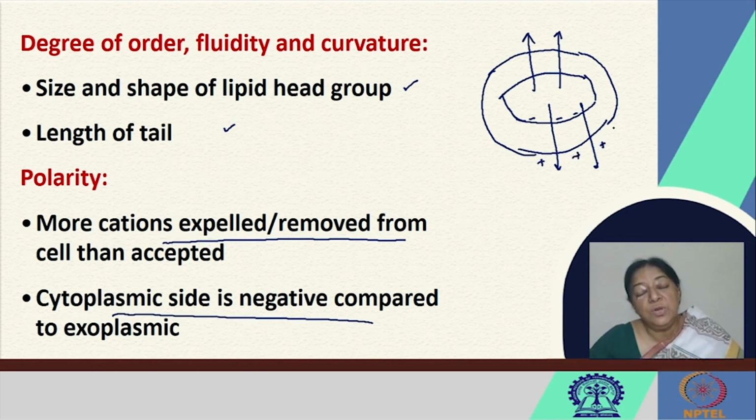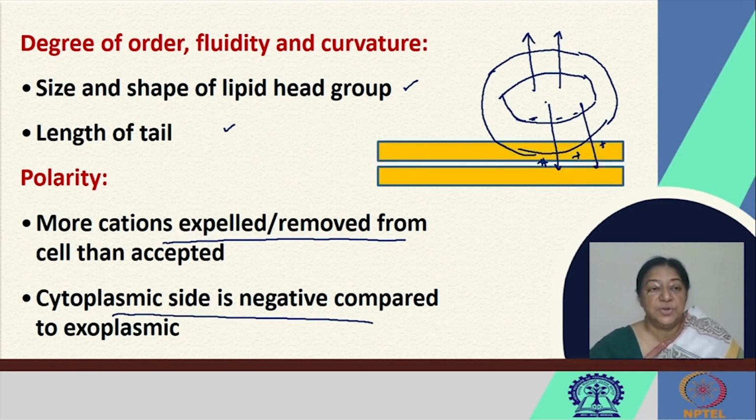This does not mean that it disrupts electron neutrality, because this positive and this negative are relatively close together in the membrane. But because of the expulsion of the cations more than they are accepted in the cell, this side is slightly negative in nature.